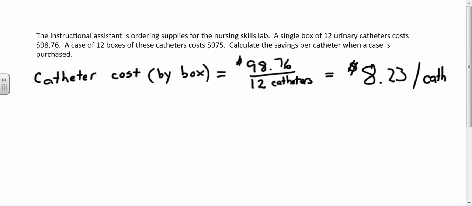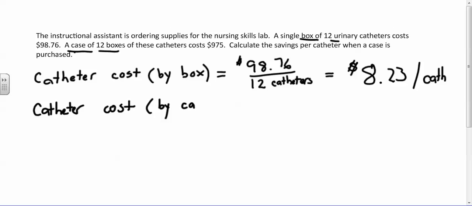But if we buy it by the case, it has 12 boxes, and we know each box has 12 catheters. So if we want to find the catheter cost per unit when we buy it by the case, we do the same thing.